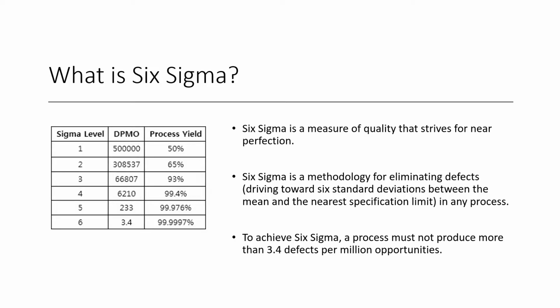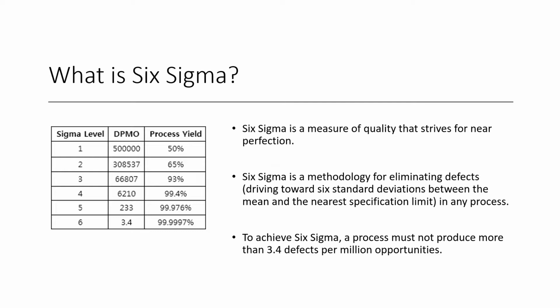And we'll talk high level, what is Six Sigma. I'm certainly not going to read every slide, but Six Sigma, just that top line is a really good summary. It's a measure of quality that does strive for near perfection. The different Sigma levels measure the defects per million opportunities.